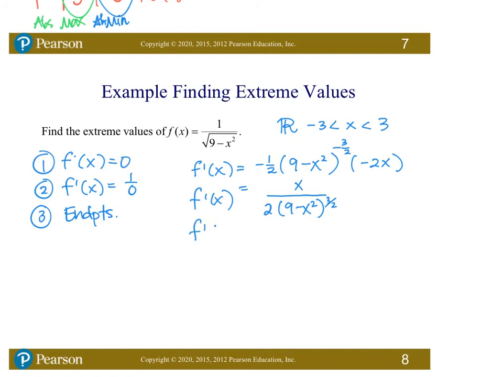When I set the derivative equal to 0, that's going to give me the critical value x equals 0. And when I set the derivative equal to undefined, that's going to give me the critical values x is plus or minus 3. But because that's not even in the domain of the problem, I have no endpoints to work with. So I really only have one critical value.